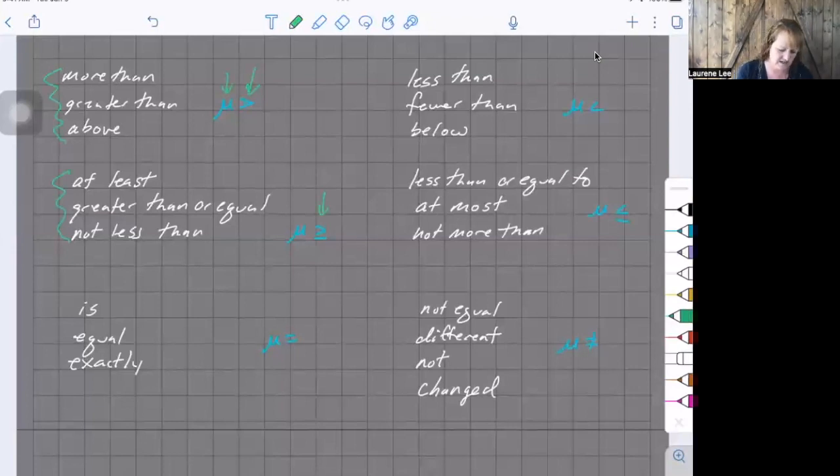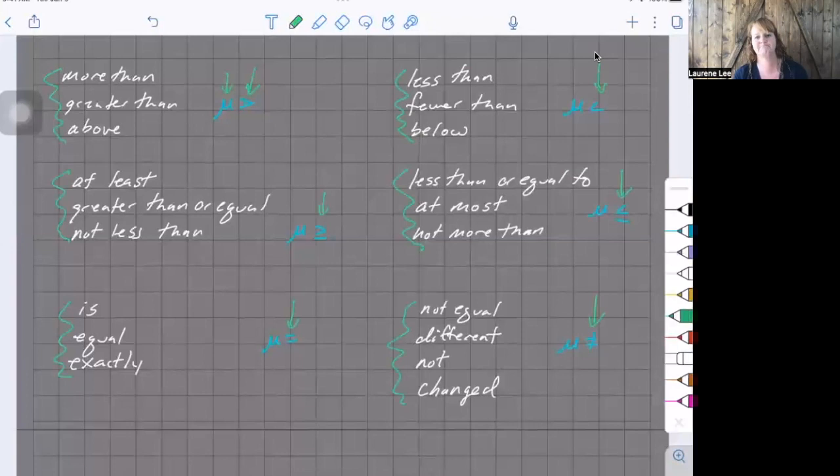Anytime I say is, equal, or exactly, you're going to put equals. Anytime I say less than, fewer than, or below, your arrow is going to be to the left. Anytime I say less than or equal to, at most, or not more than, it's to the left with a line under it. And anytime I say not equal, different, not, or changed, that means this sign.